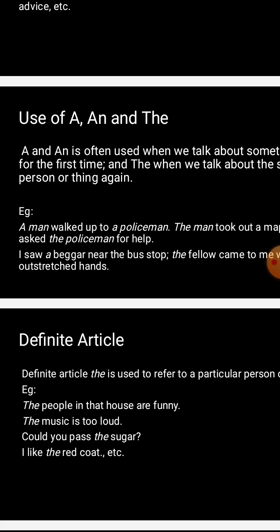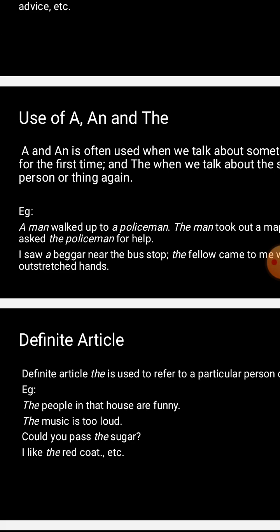A or an is used when you talk about a thing or a person for the first time. But when you refer to the same thing or the same person for the second time, then you make use of the article the.